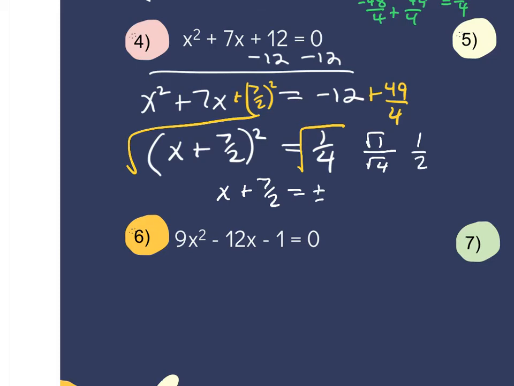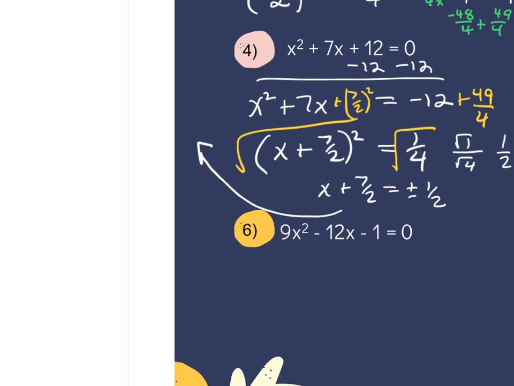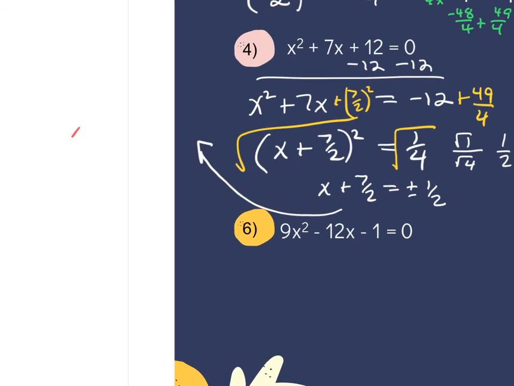So this gives me plus and minus 1/2. Now, on this particular problem, we're going to have to actually do it because there's no radical. So let me go ahead and, just so I don't cram it all in, I'm going to move the problem over to here. So now I have x plus 7 over 2 equals plus and minus 1/2.